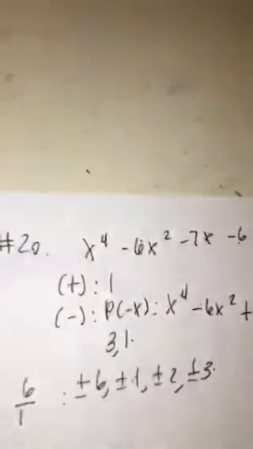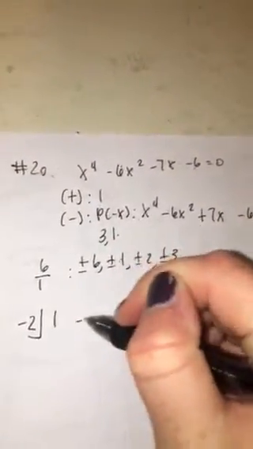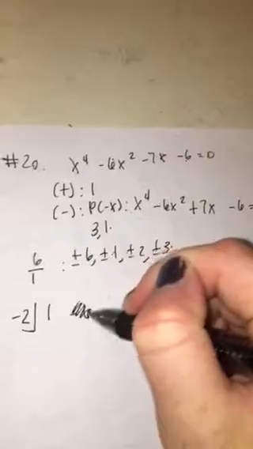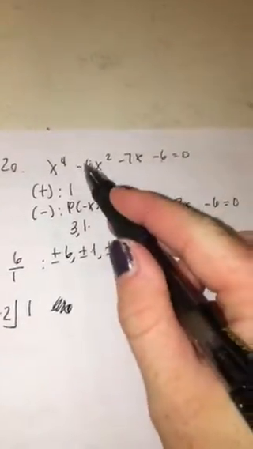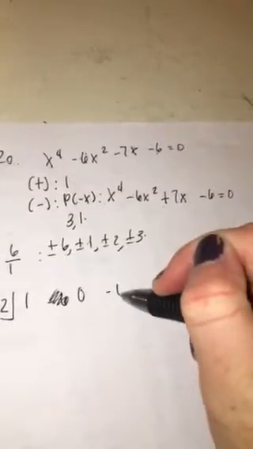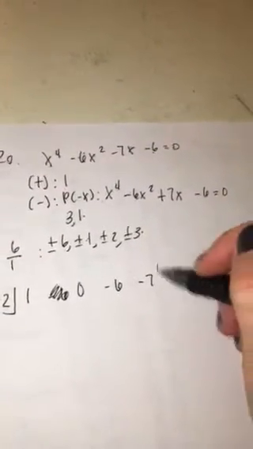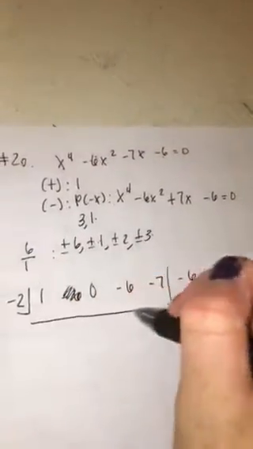So you'll use synthetic division. So it'll be 1, -6, but never mind that. Since you need an x cubed, you'll put a 0 since there's not one, and then -6, -7, and -6 again. But that'll show you a remainder.